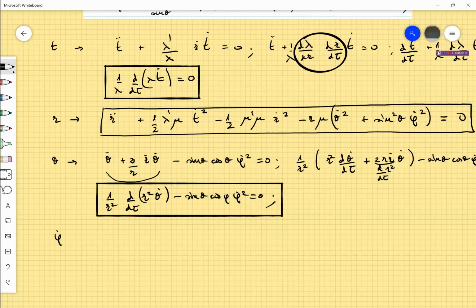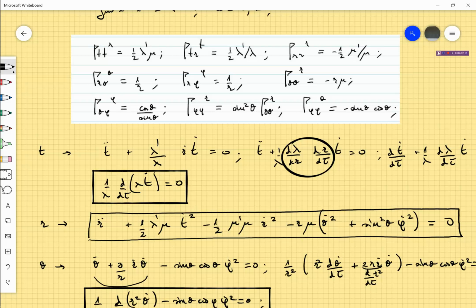Finally, we have the phi component. So it's phi double dot, and now we look at components.